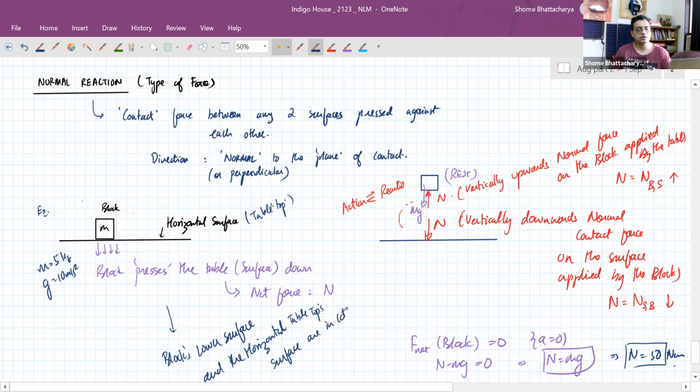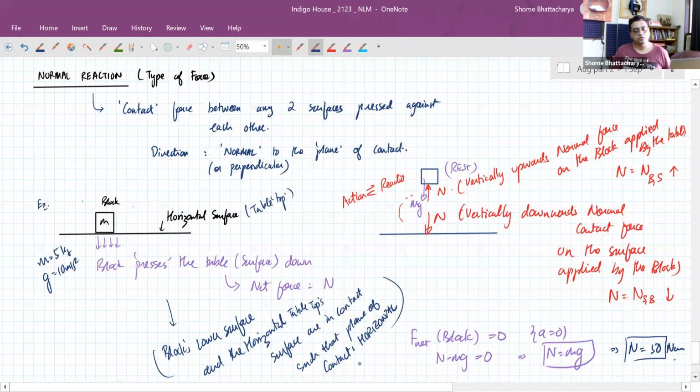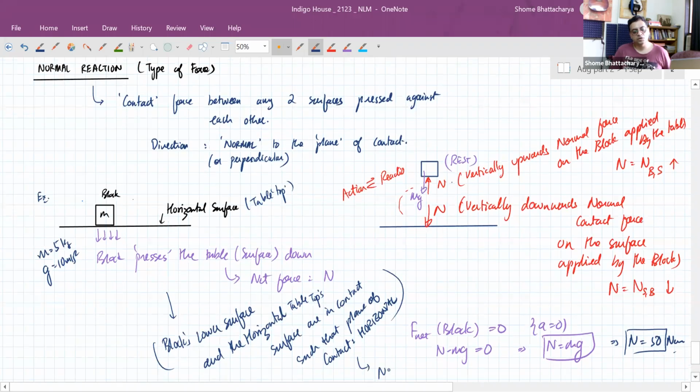They are in contact such that the plane of contact is horizontal. So the contact force is in which direction? Vertical. The plane of contact is horizontal. So therefore the normal reaction, that is vertical.